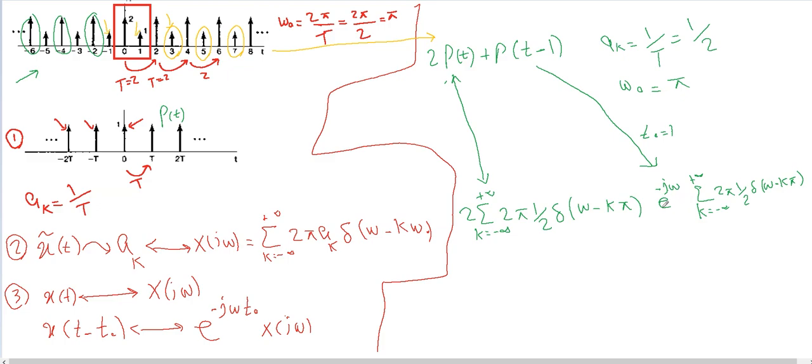Finally, the Fourier transform is equal to the sum of these two Fourier transforms.